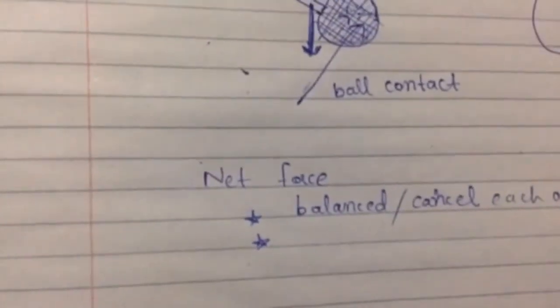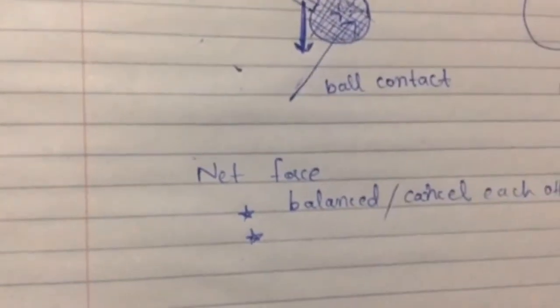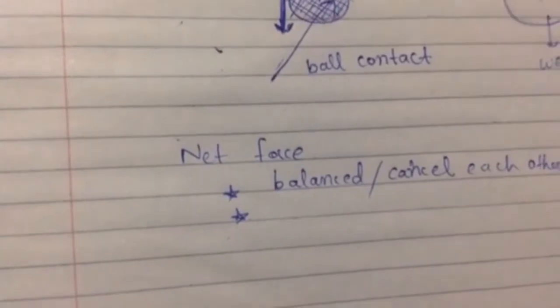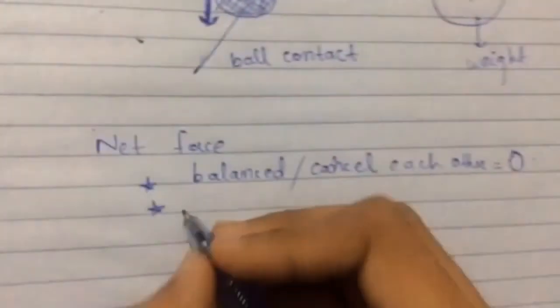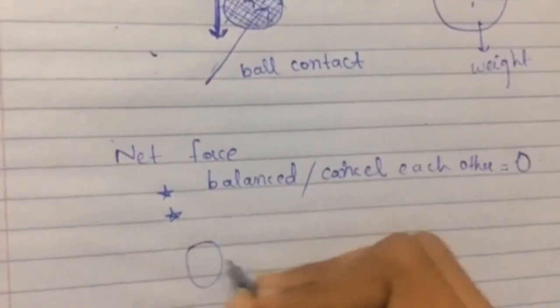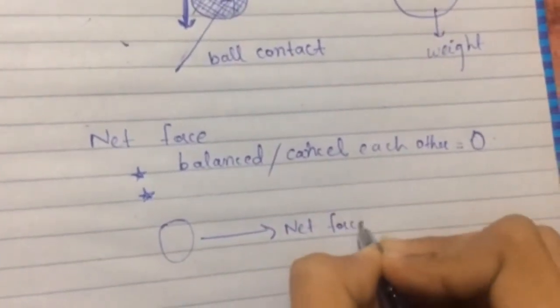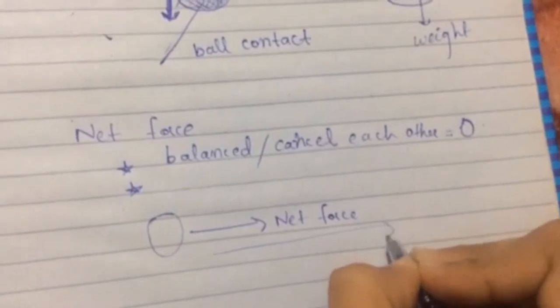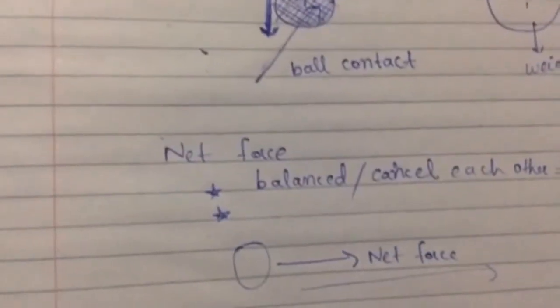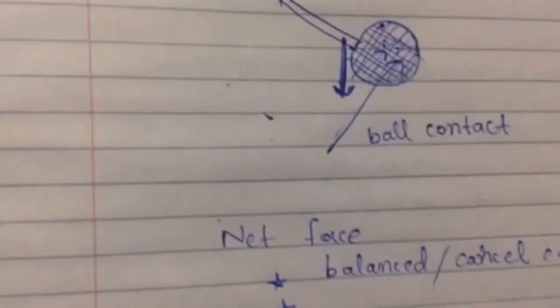So we first have to write the net force. If this is the object and it moves in this direction, that is the net force and the body also moves in this direction. This is simply an example.